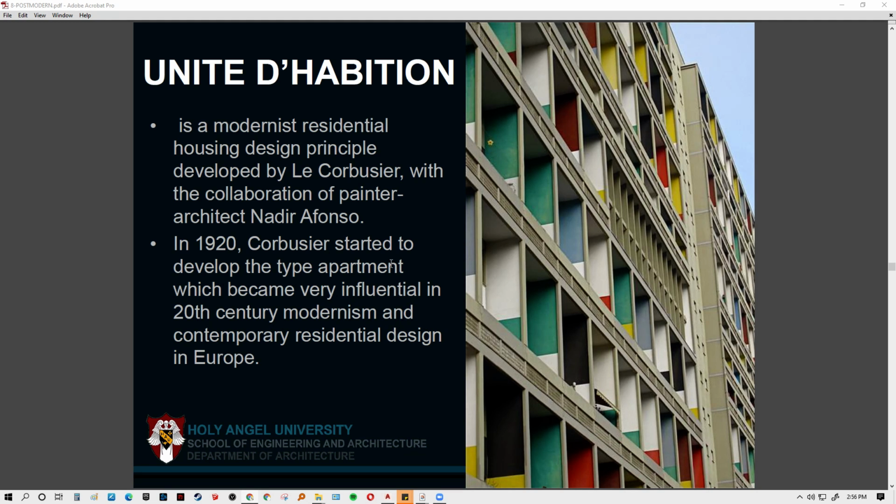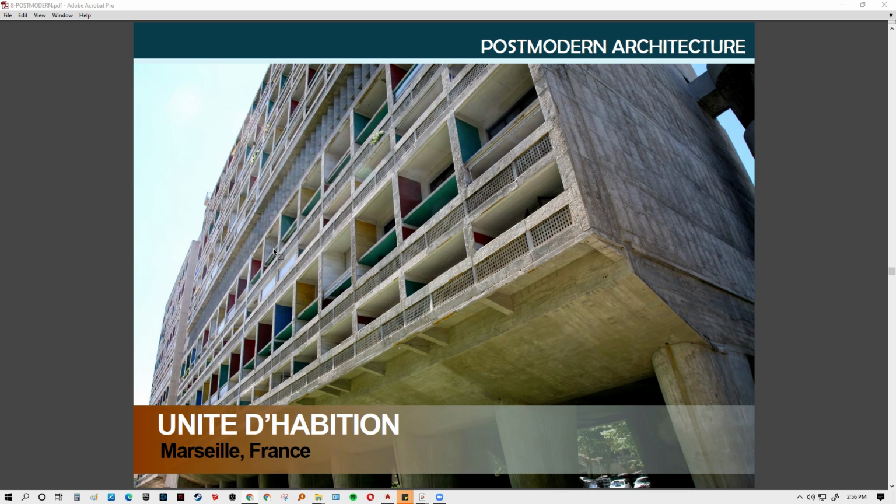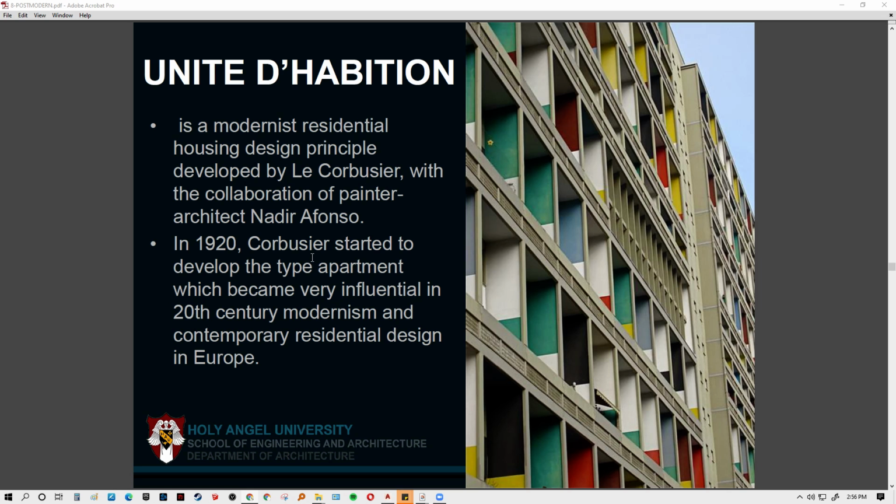A good example is Unité d'Habitation, located in Marseille, France. It is a modernist residential building, one of the pioneer structures made with this kind of style.